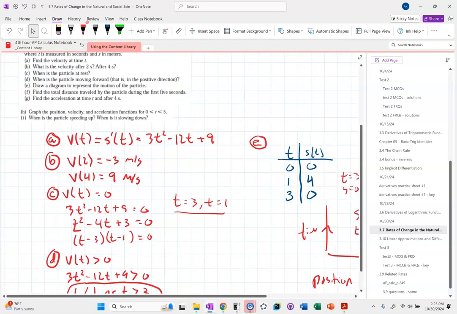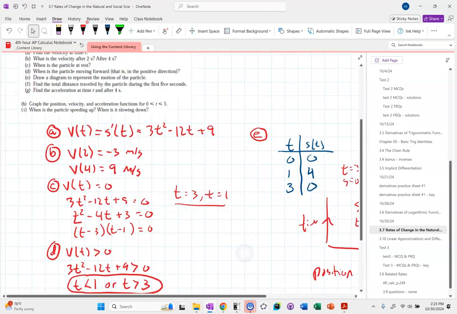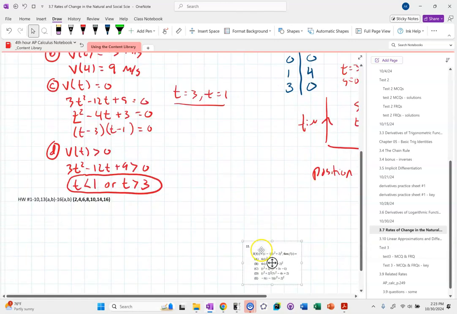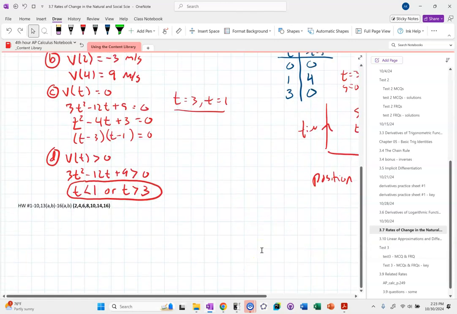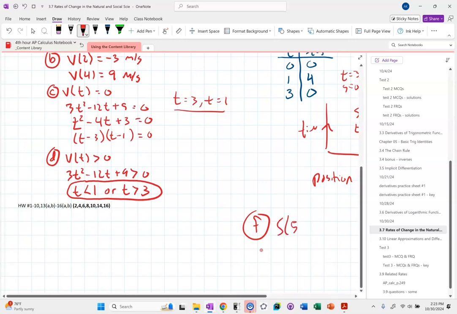F says, find the total distance the particle traveled in the first 5 seconds. So here's what I can't do. I can't do just S of 5 minus S of 0. Why not?